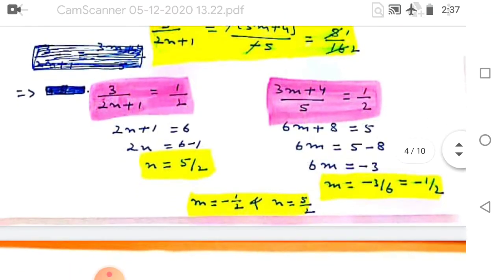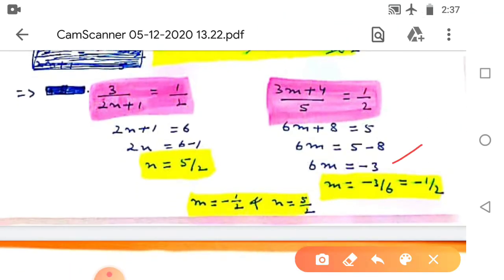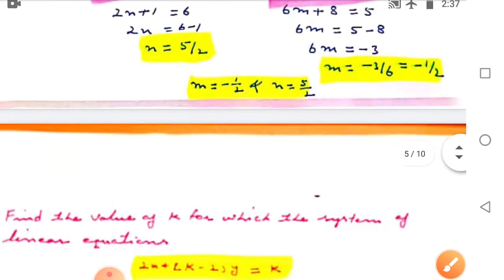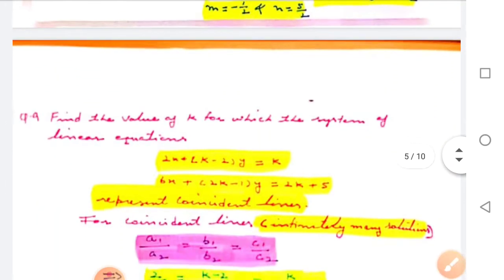Now 6m is equal to minus 3 and m is equal to minus 3 by 6, and the value of m is minus 1 by 2. So m is minus 1 by 2 and n is 5 by 2. Clear? Now come to question number 9.